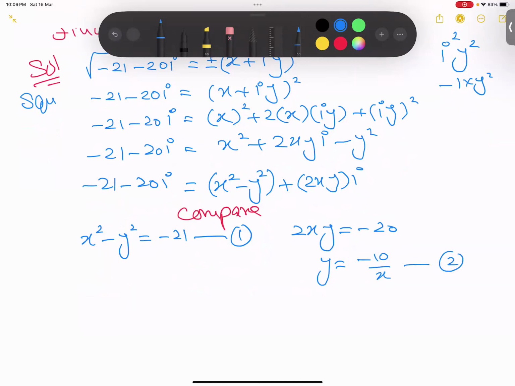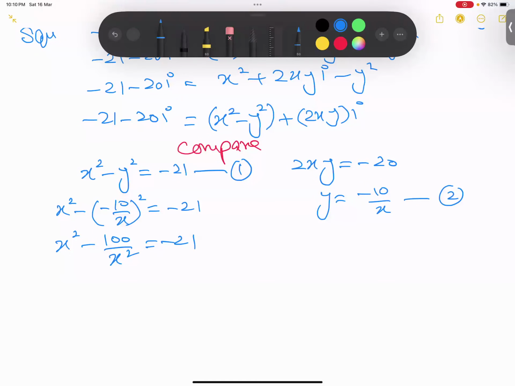Now I'm going to plug in this value here: x squared minus negative 10 by x whole square equal to negative 21, so x squared minus 100 over x squared equal to negative 21. Take LCM, it becomes x to the 4 minus 100 over x squared equal to negative 21. It multiplies there, and I get this kind of form.